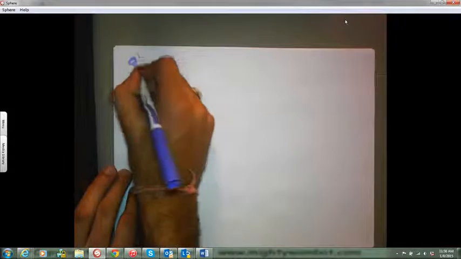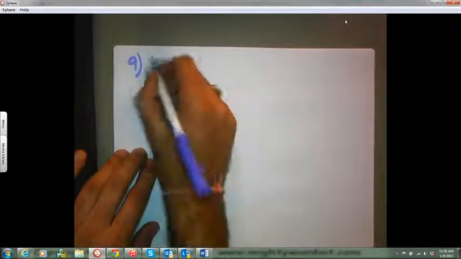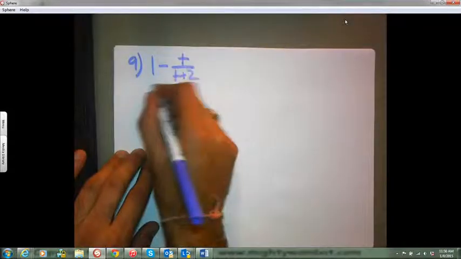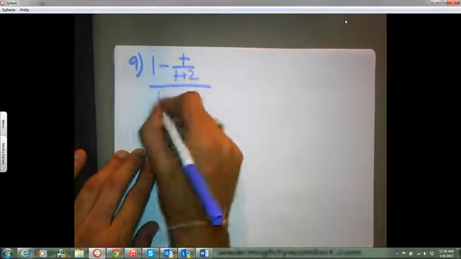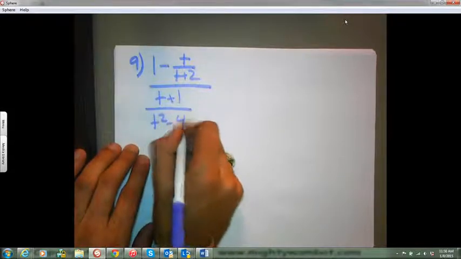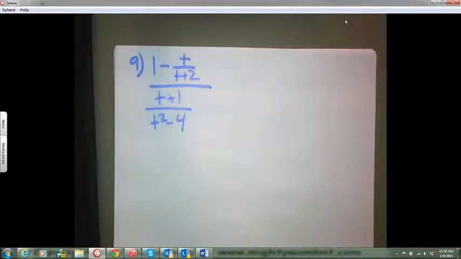All right. So number 9 says 1 minus t over t plus 2 over t plus 1 over t squared minus 1. So we look at this problem.